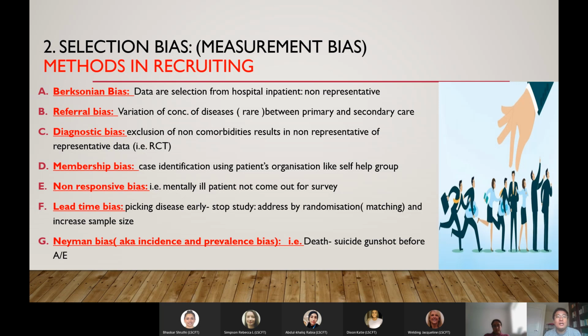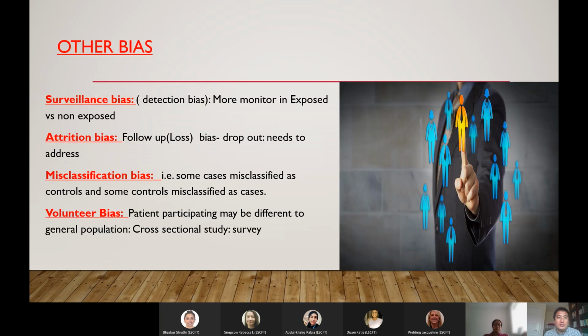Berksonian. And if they ask which bias is involved with incidence and prevalence, Neyman bias. We have discussed this in more detail. I don't think they will ask about the other biases, but if there is a cross-sectional study, remember there's a volunteer bias.